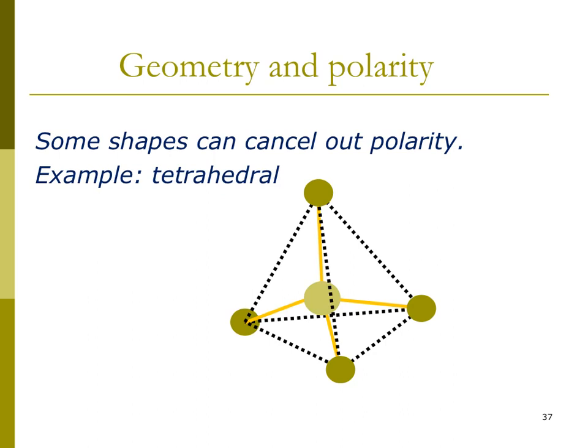And since we know the bond angles are even, we know that that would then completely cancel out. You do have to be careful though, especially with tetrahedral. If even one of these atoms is a different atom than the other three, chances are it is not going to cancel out. We're just saying that these three shapes have the possibility for the bond polarities to cancel out.